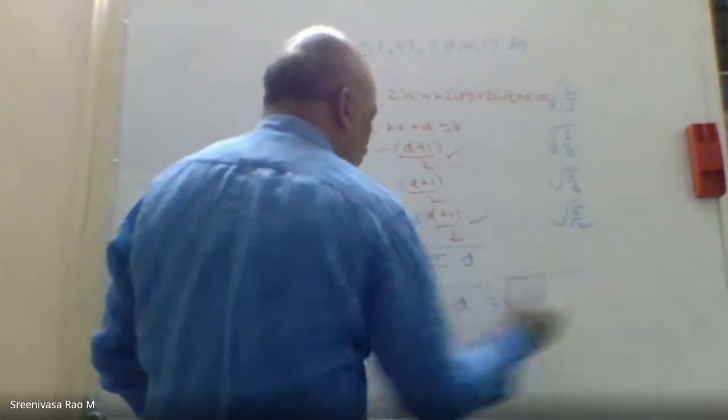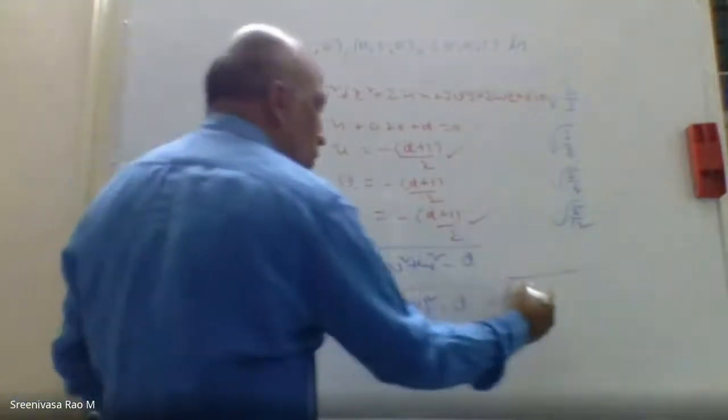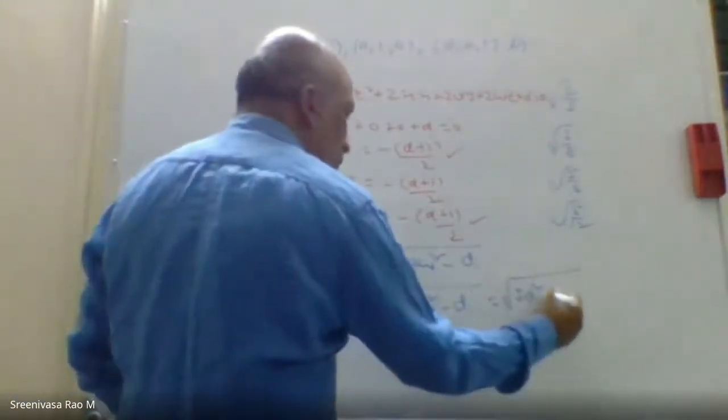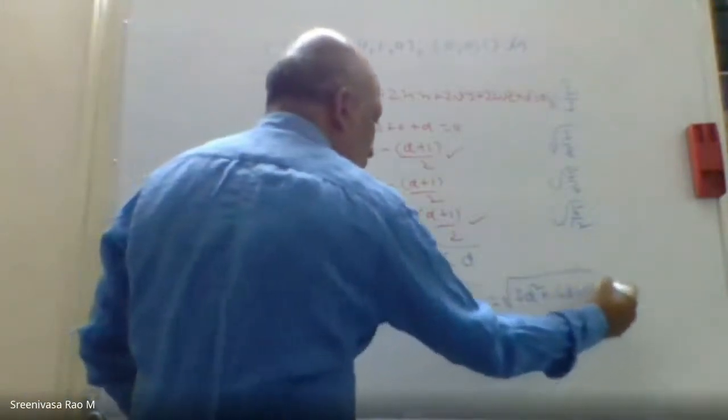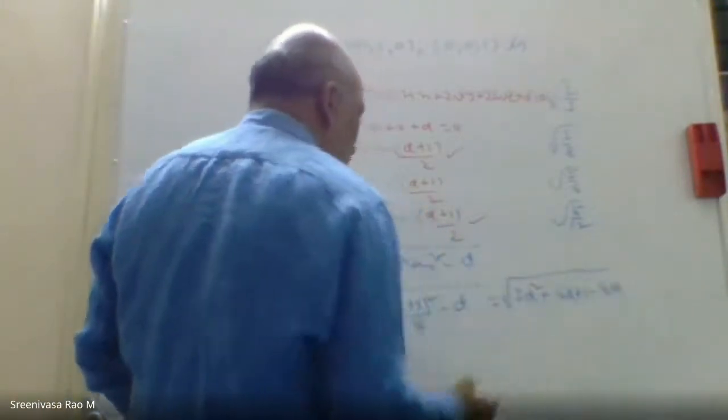What comes here now? 3 into (d plus 1) whole square gives 3d square plus 6d plus 3, minus 4d, divided by 4.